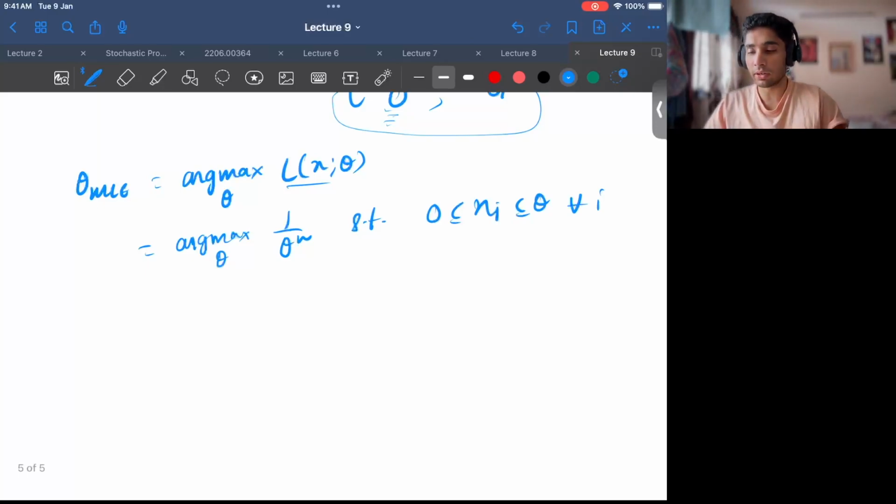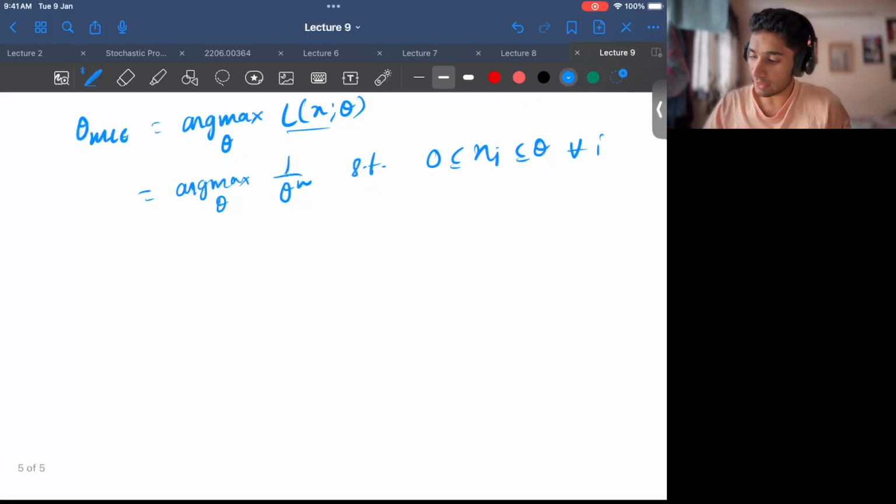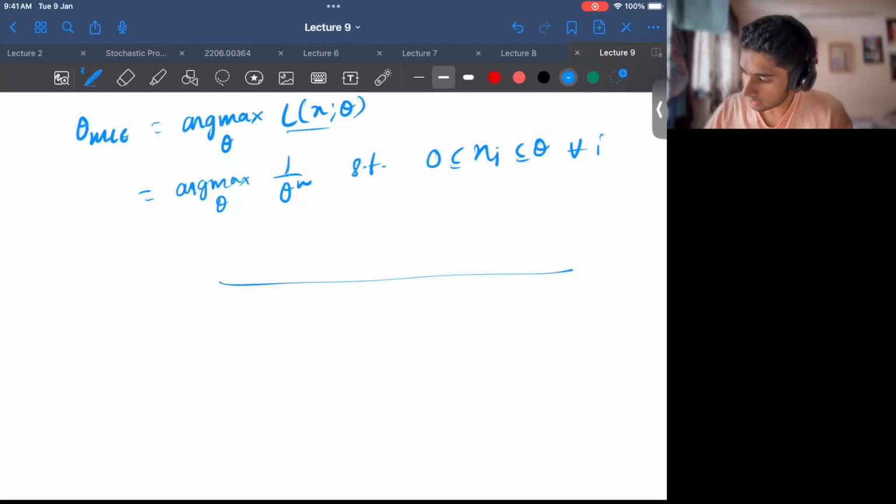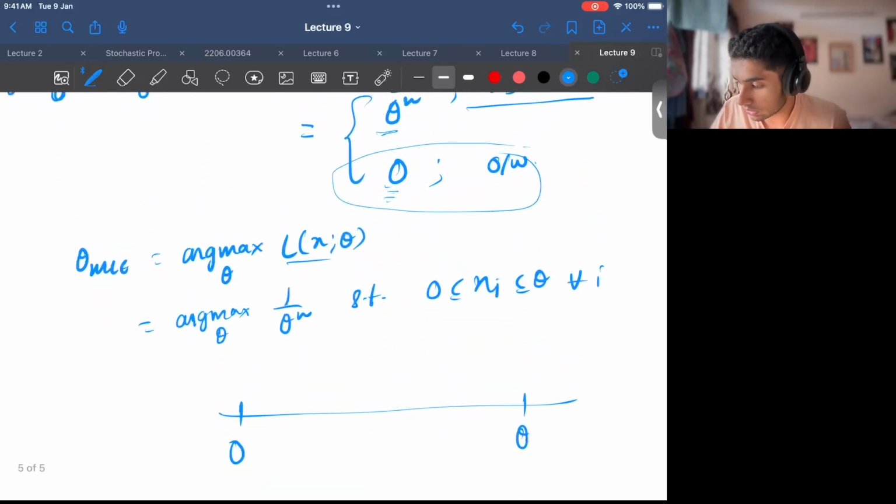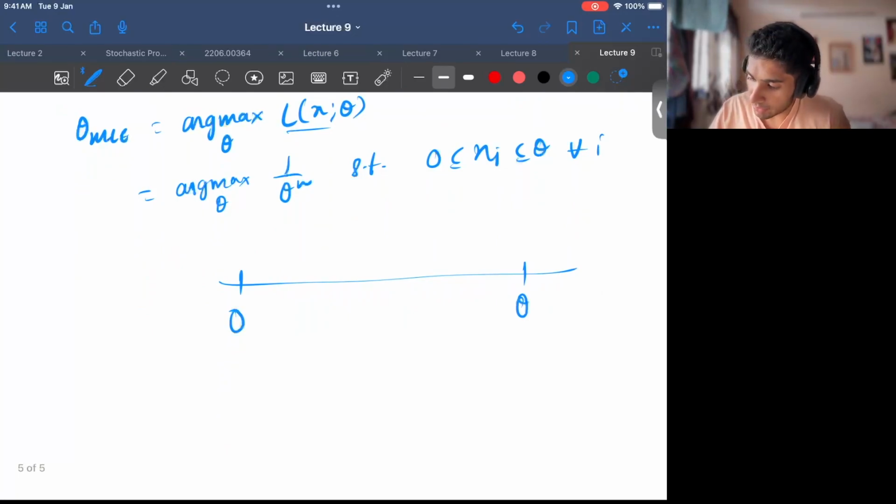So maybe I will draw a visual picture for you, so you can arrive at the answer directly from it. Let's say this is your 0 and this is your theta, which is unknown by the way. The xi's are between 0 and theta, right?